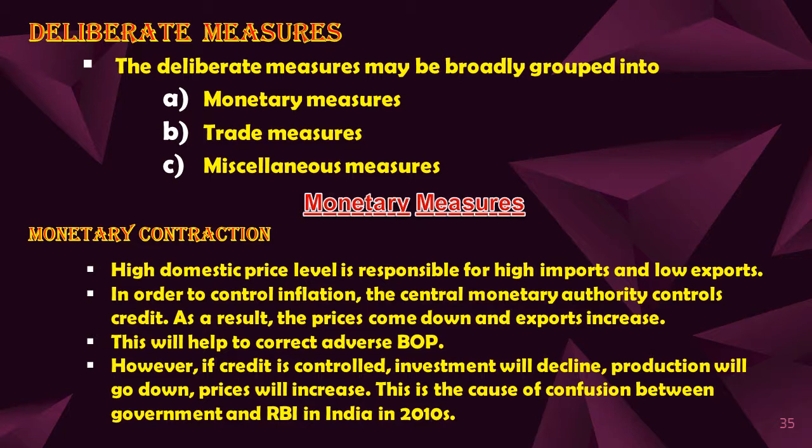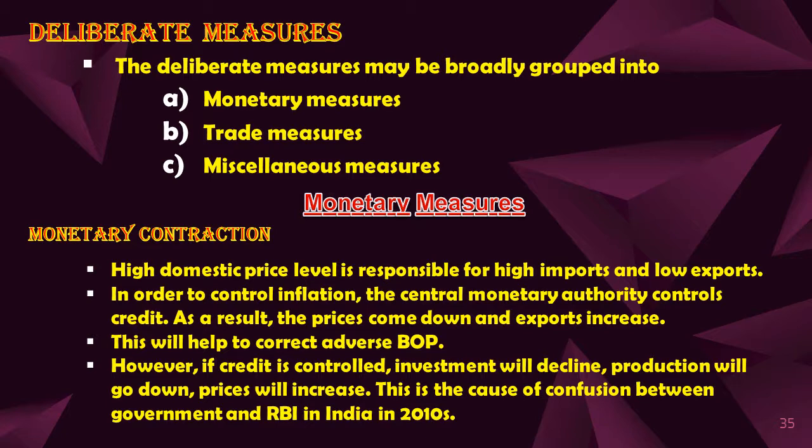So in order to control inflation, the Central Monetary Authority controls credit. As a result, the prices come down and exports increase.